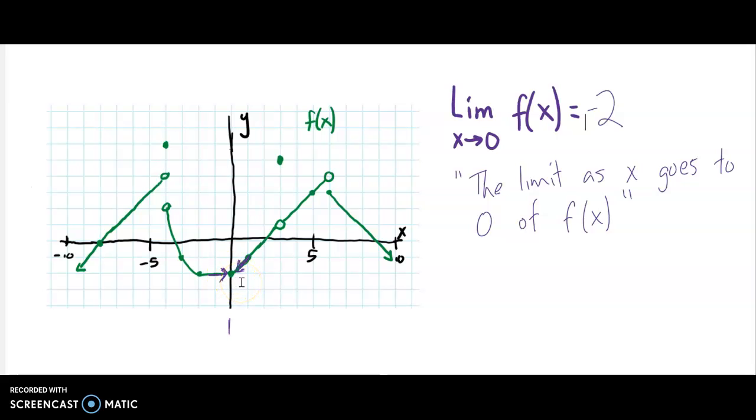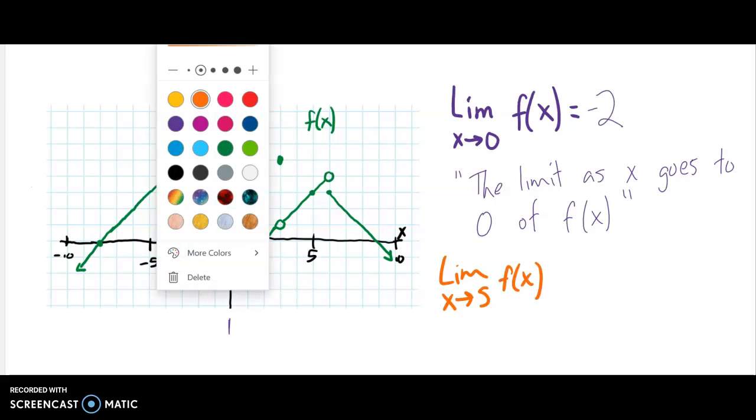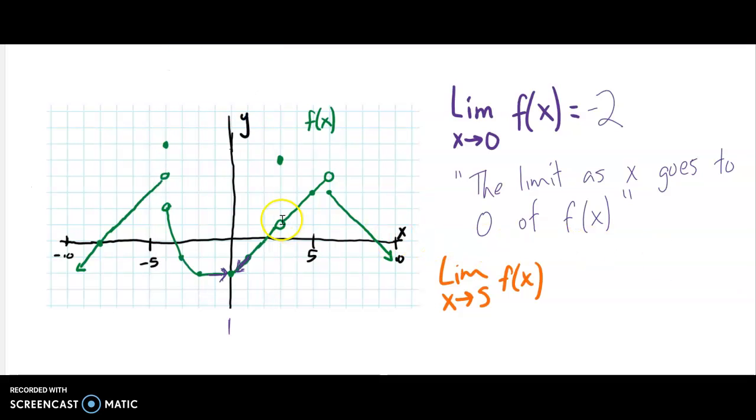So let's see if we can do another one. Let's do the limit as x goes to 5 of f of x. Again, we're using the same graph. X comes into 5, so I have to look at what the green graph goes to as x goes to 5.